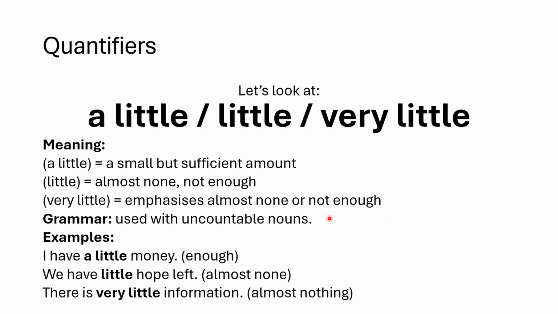They are used with uncountable nouns. Here is how a little, little, and very little are used in example sentences. I have a little money. We have little hope left. There is very little information.